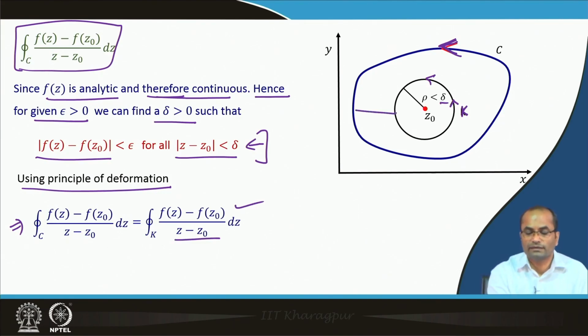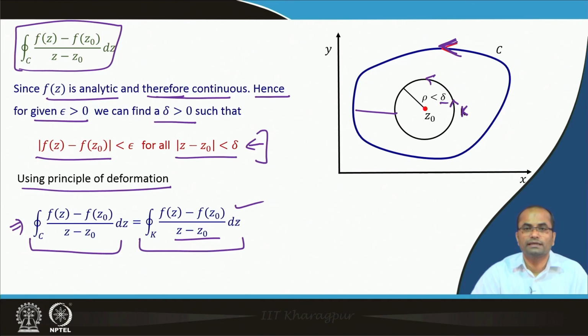While making a cut there, we considered this as a simply connected domain where the integrand is analytic, and then we got this result, which says that the value of the integral over this closed curve C will be equal to that over any other path we can take inside this domain.